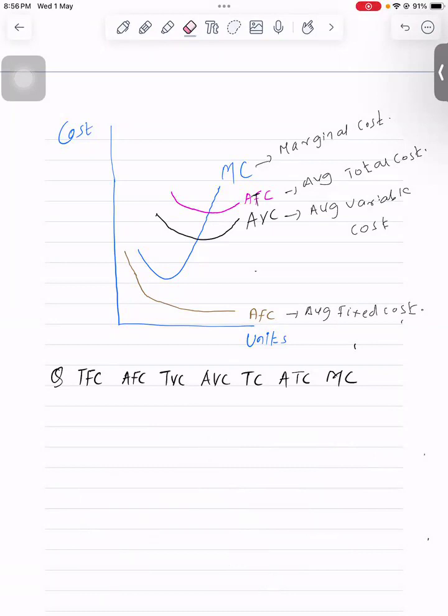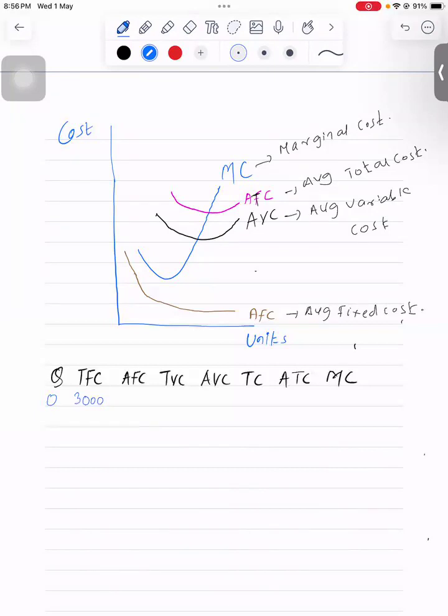Now let's say initially we are not producing anything, zero quantity. Can we avoid fixed cost or we cannot avoid fixed cost? What do you think? If our sales is zero, there will be fixed cost, right? There will be fixed cost. Correct. So let's say fixed cost is 3,000. What will be the average fixed cost?